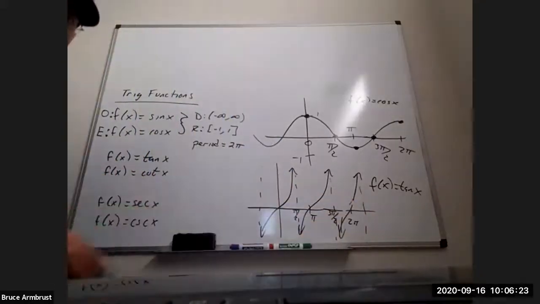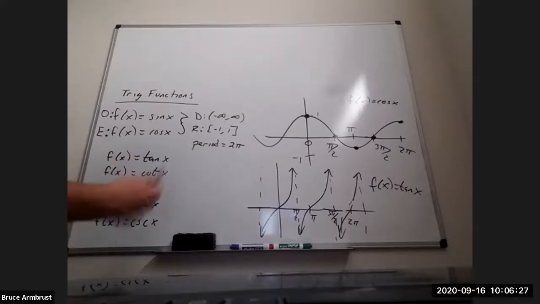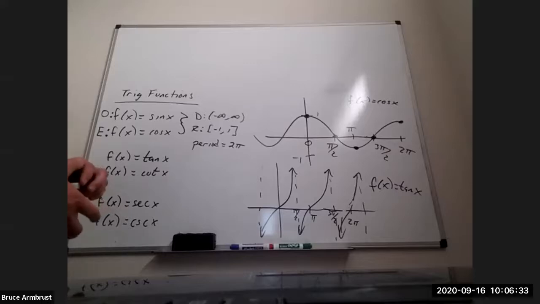So it's got asymptotes at all the half pi's, and then intercepts at the whole pi's. So that's what tangent looks like.